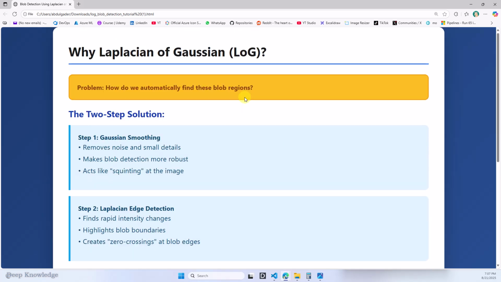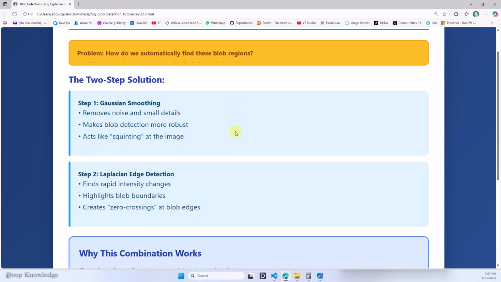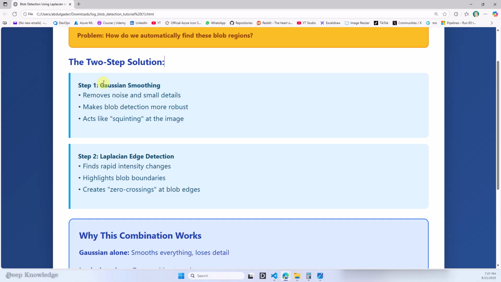Why do we need to use Laplacian of Gaussian and not only Laplacian or only Gaussian? We will see why. For blob detection, we need two steps. First, Gaussian smoothing, which removes noise and small details. When you want to detect edges or corners without removing the noise, you will have many detections that should not be considered edges or corners.